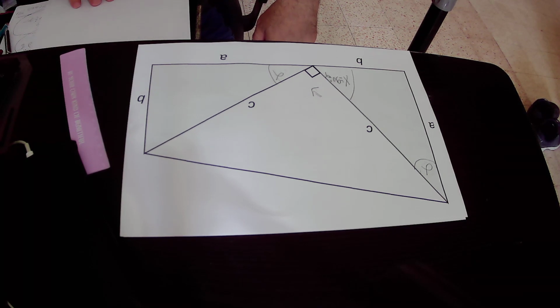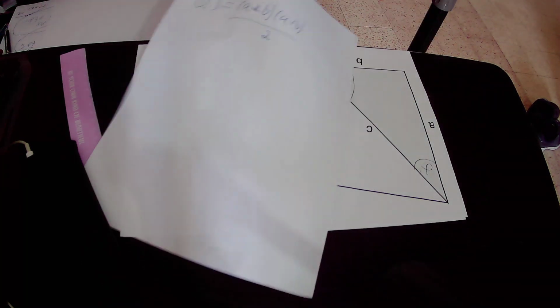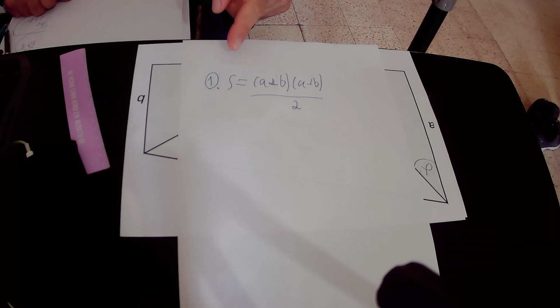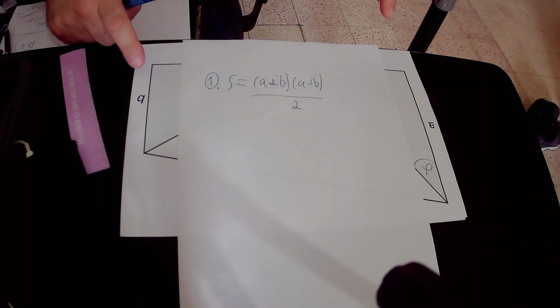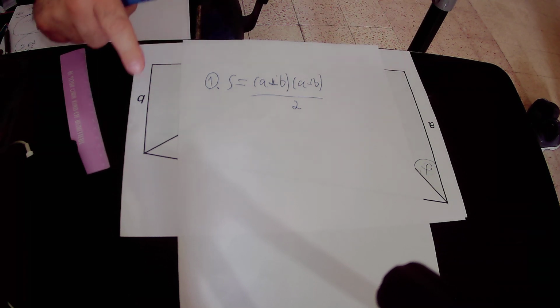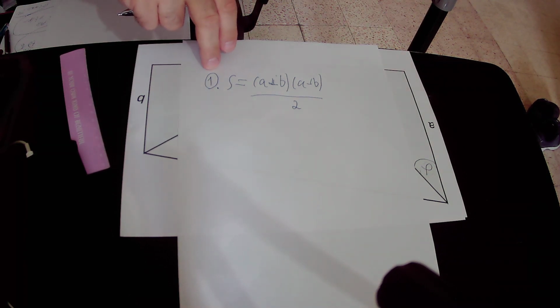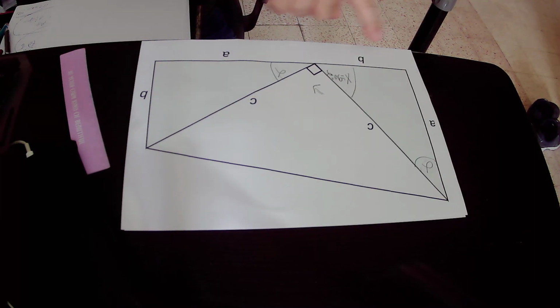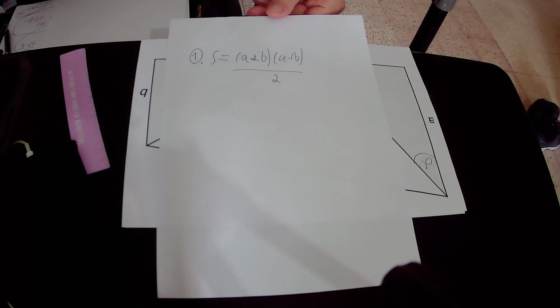So the area of the trapezoid is equal to the sum of the parallel sides, that is a plus b, times the height of the trapezoid, that is also a plus b, divided by 2.